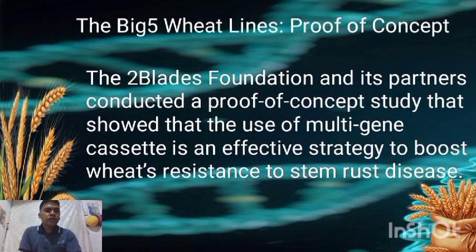Big 5 wheat lines, proof of concept. The Two Blades Foundation and its partners conducted a proof of concept study that showed that the use of multi-gene cassettes is an effective strategy to boost wheat resistance to stem rust.